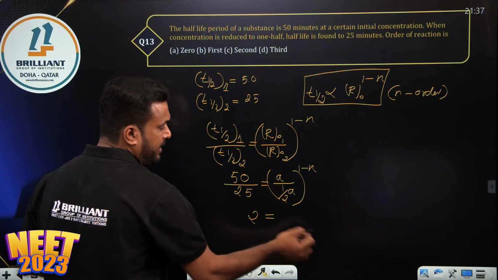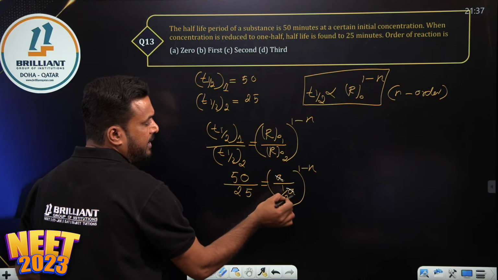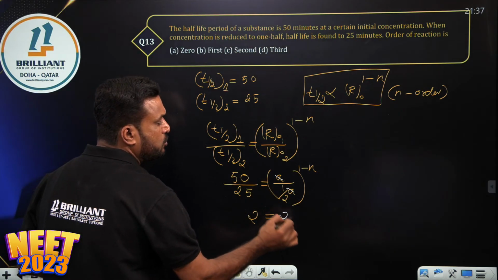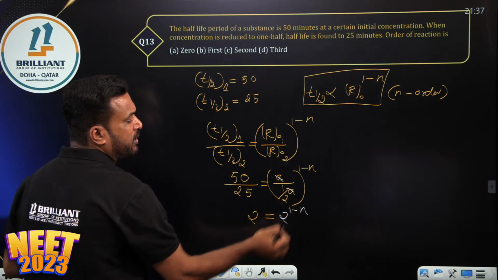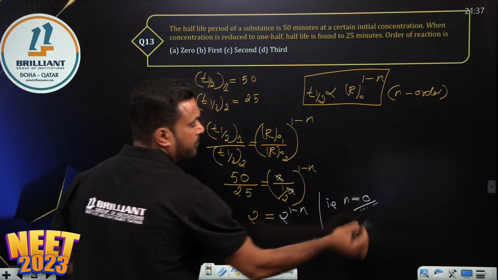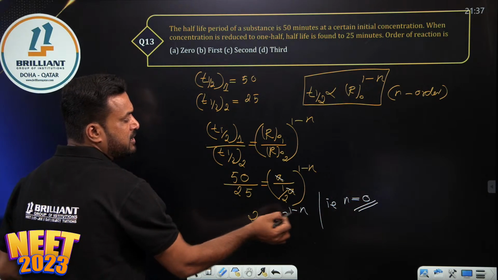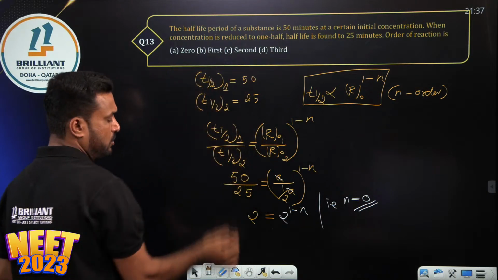So you can cut A and A over here, because A is in the denominator. So A will be cancelling. Then you will be getting 2 raised to 1 minus n. So 2 equal to 2 raised to 1 minus n means that n value should be 0. Because 1 minus 0 is 1, 2 raised to 1 is 2. Now we got n equal to 0, which means 0 order reaction.